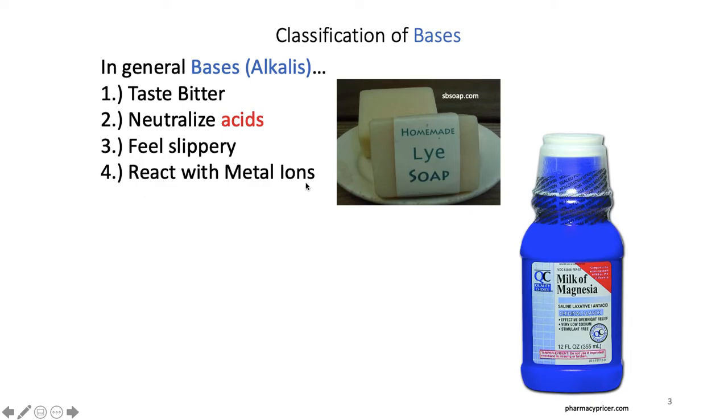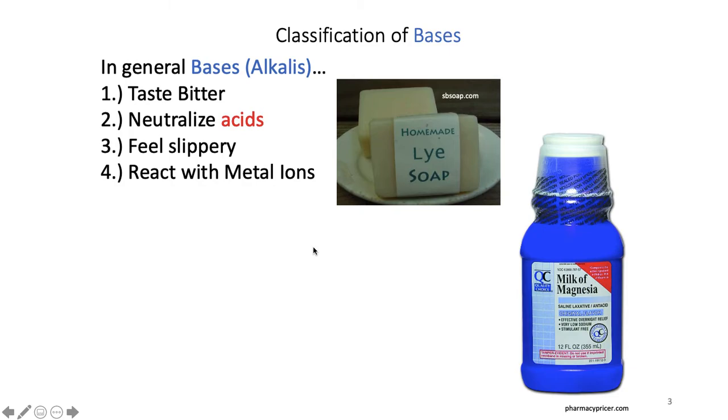Bases also react with metal ions to produce slightly different products. Once again, the stronger the base, the faster the reaction with the metal will be, depending on the strength and the concentration of either the metal, the acid, or the base.